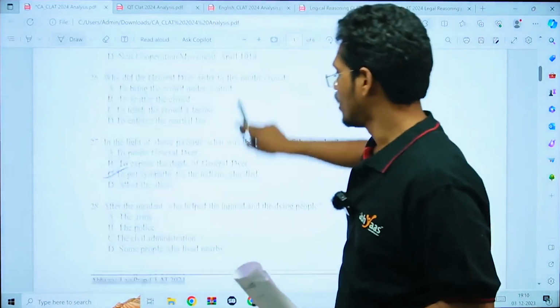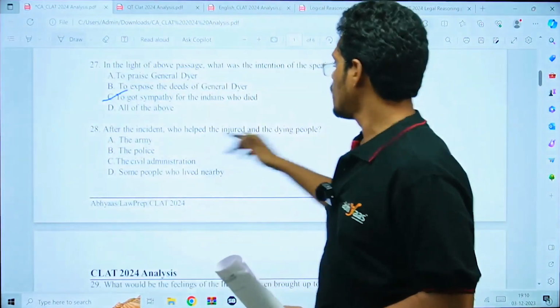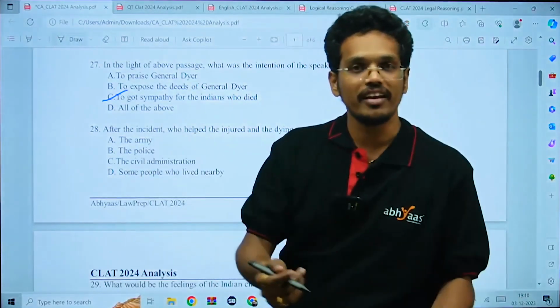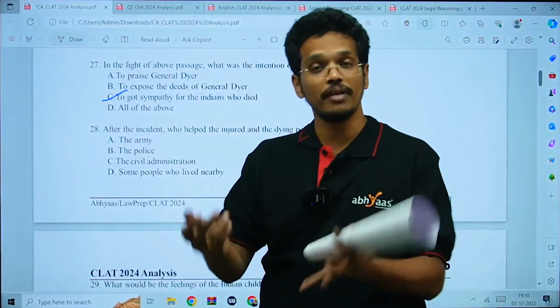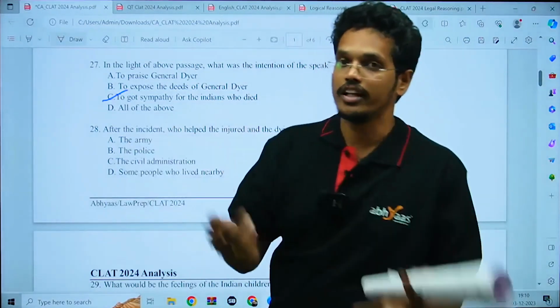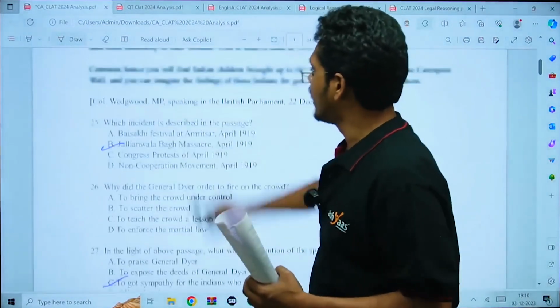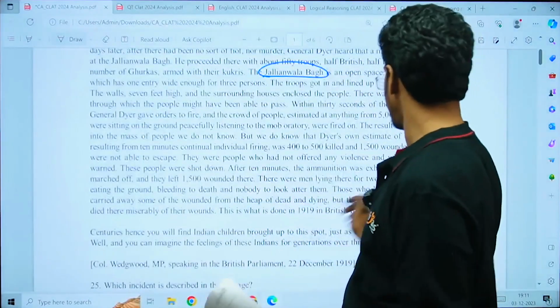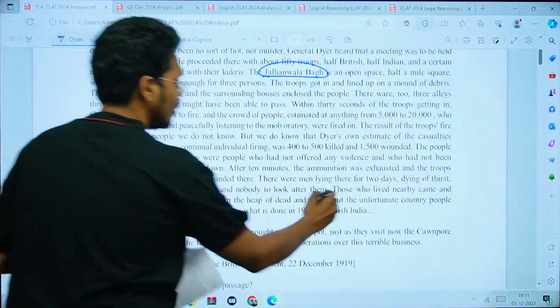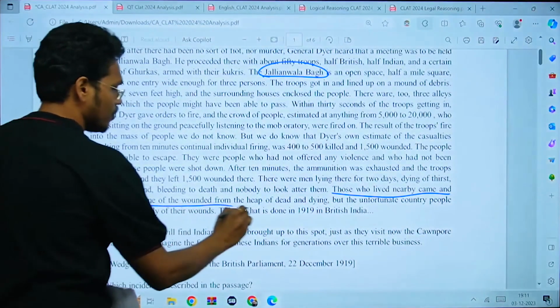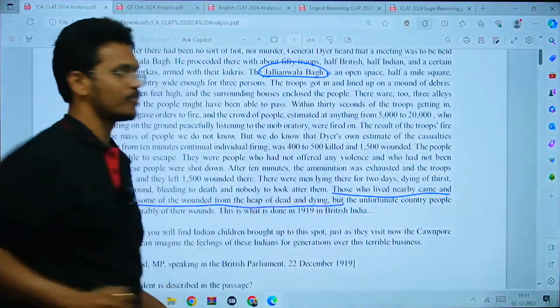Next: after the incident, who helped the injured and the dying people? General Dyer opened fire, so who helped the people who were shot and injured? You can answer directly from the passage. It says those who lived nearby came and carried away some of the wounded from the heap of dead and dying.